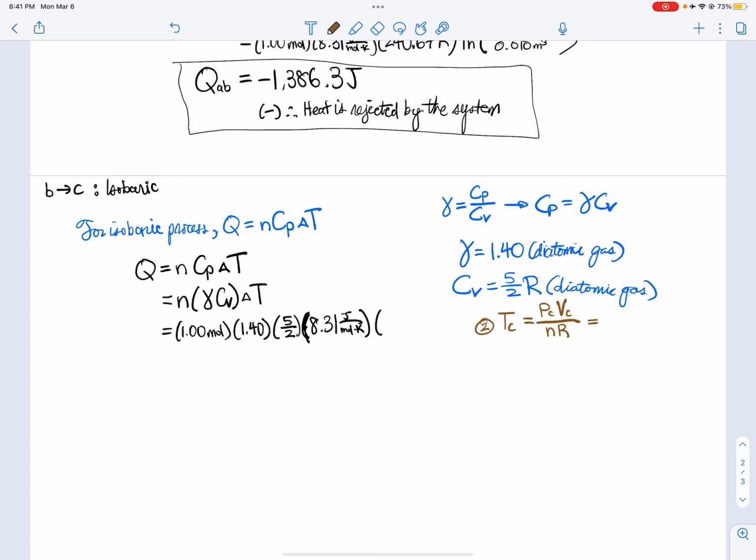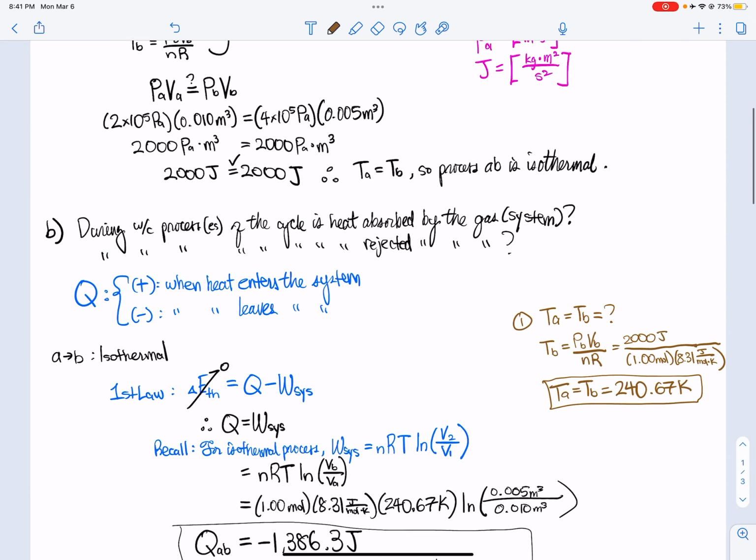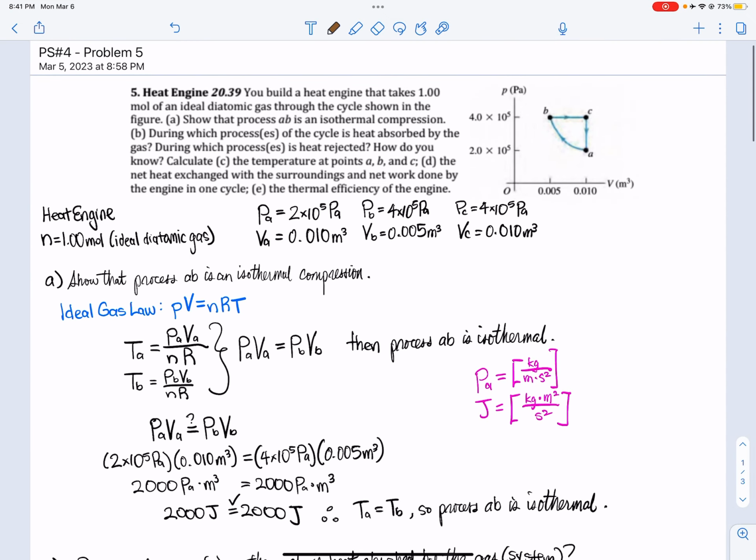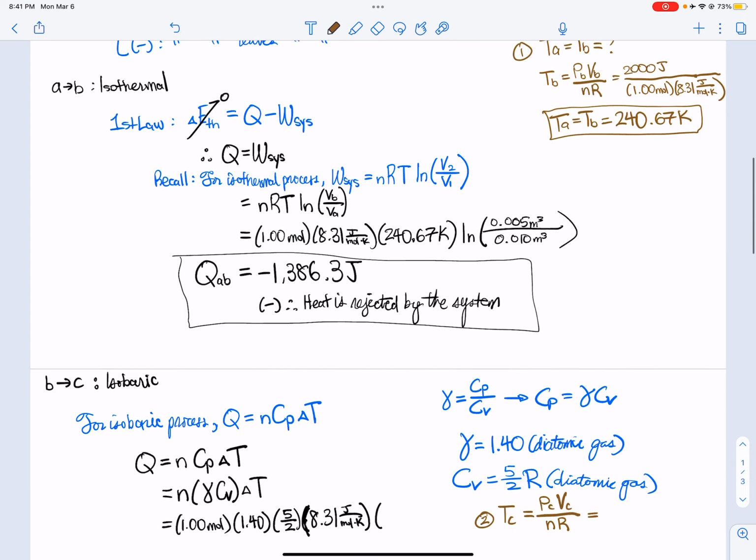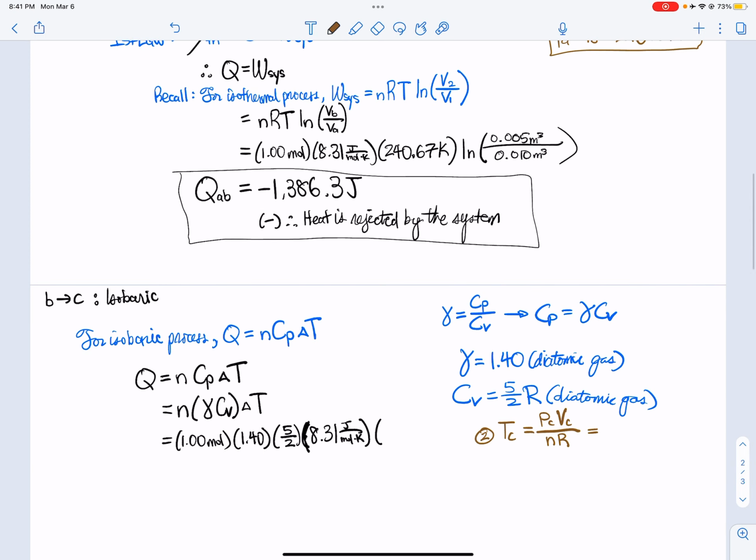And according to the PV diagram up here, the pressure at C is equal to 4 times 10 to the 5th pascals. The volume at C is equal to 0.01 cubic meter, and the value of N is 1.00 moles, right? That's given in the problem.